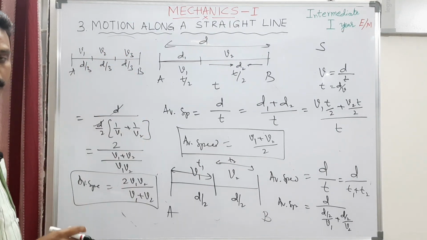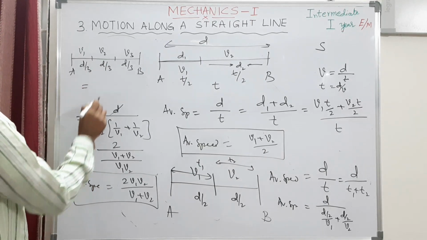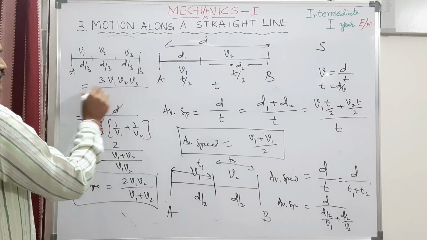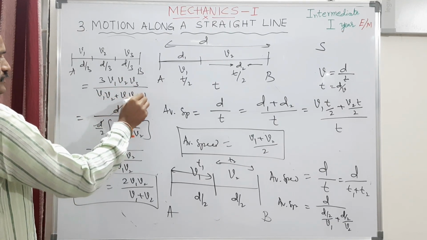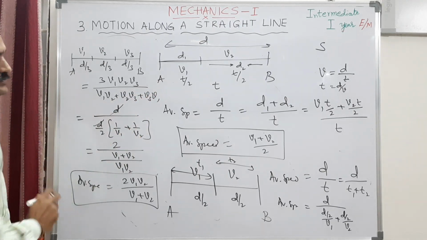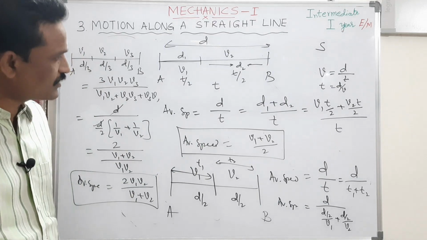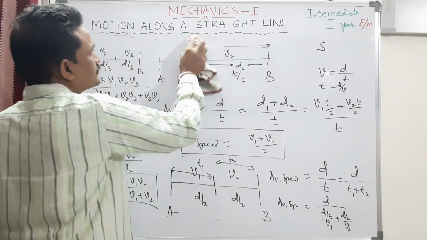Follow the same steps and you will end up with the average speed, and the formula will be 3 v1 v2 v3 divided by v1 v2 plus v2 v3 plus v3 v1. This you can do. So this is about average speed. You will find number of problems on average speed in various examinations.